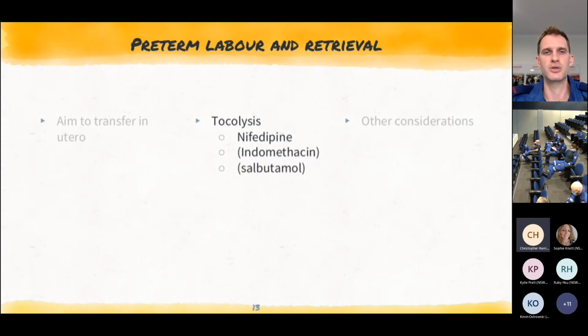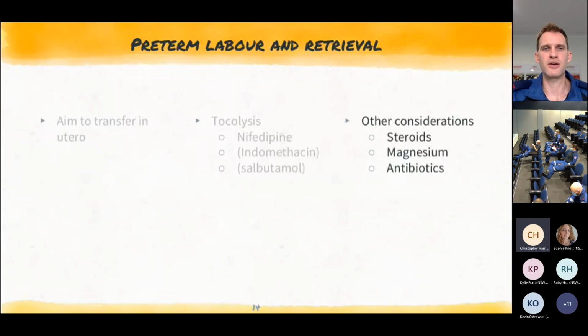It's also to give steroids a chance to work, so that's delaying the birth by about 48 hours to allow the steroids to work and have that fetal lung maturation as well. The first line management here is nifedipine, and it's 20 milligrams orally every 30 minutes until contractions subside, and then it's every 6 hours after that. So that's a medication that might be seen there.